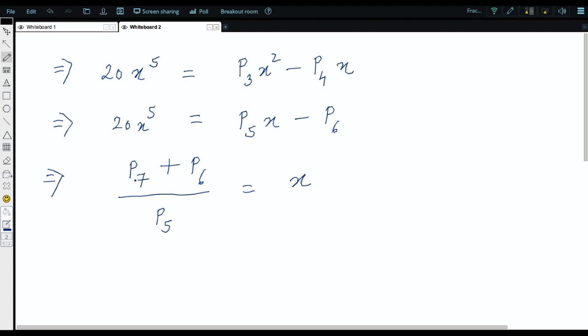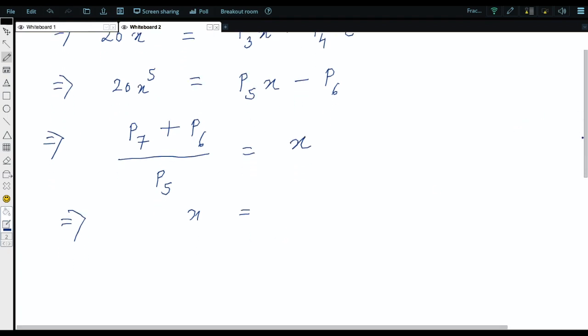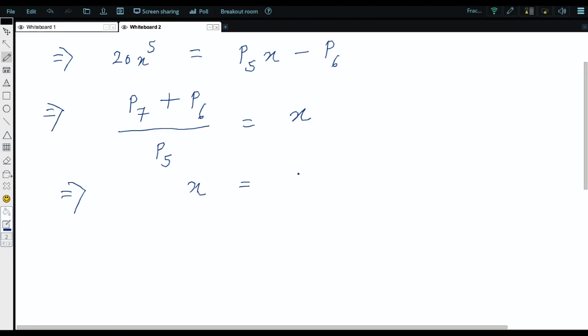And now notice that the sum of two rationals will be rational, and thus this x will be equal to some p8 by p5, which is rational by rational, and which will also be a rational number, p9. Okay, and thus this proves that x is rational.